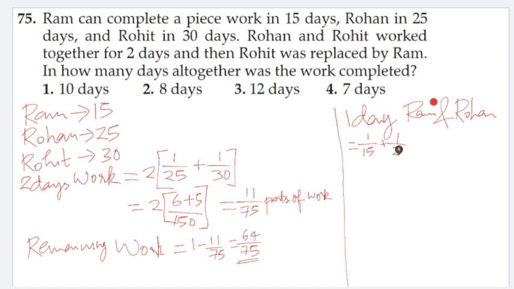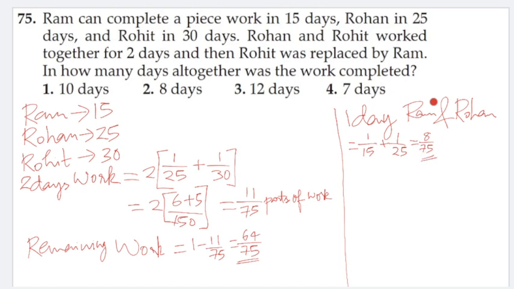So everyone is doing the same work only. So that will be, again on taking the LCM and calculating, we will get 8 by 75 parts of the work. So this is the work they are doing in 1 day.